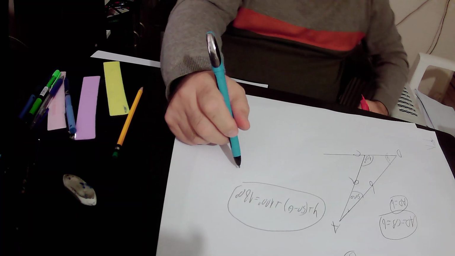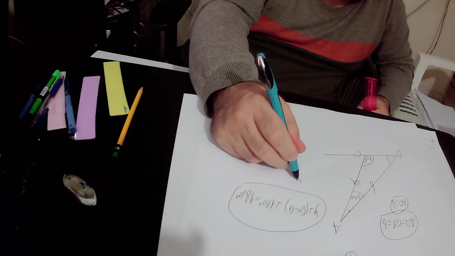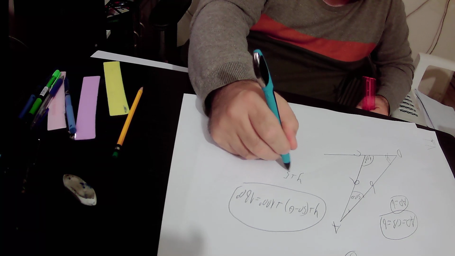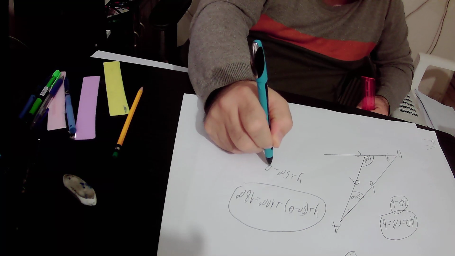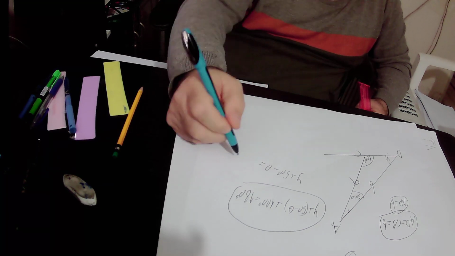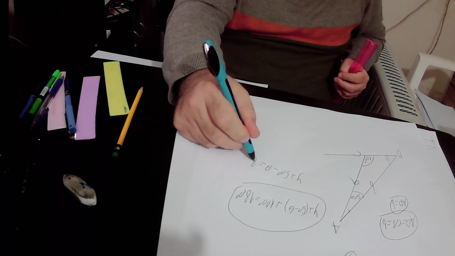Here we will subtract 100 degrees from this equation, and we will get that angle Y plus 50 degrees minus theta equals 180 degrees minus 100 degrees, which is 80 degrees.